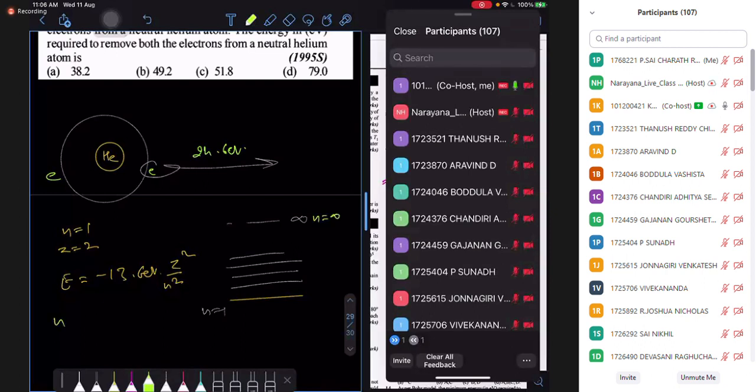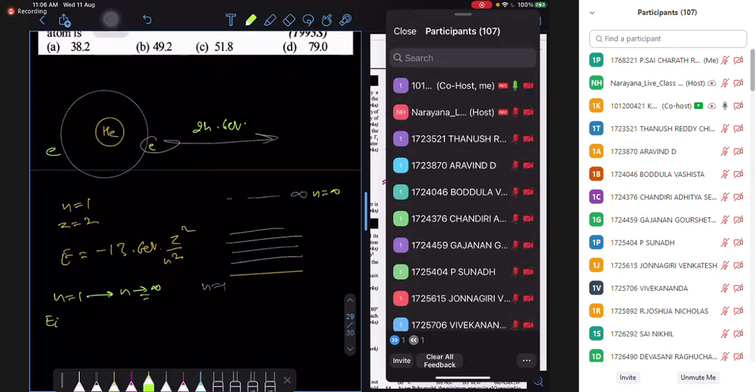So you want to make a jump from n equal to 1 to n equal to infinity. So final energy is going to be 0. Initial energy is minus 13.6, Z value is 2, n value is 1. Okay, that is my initial energy.